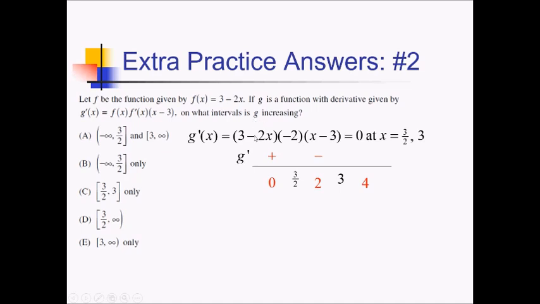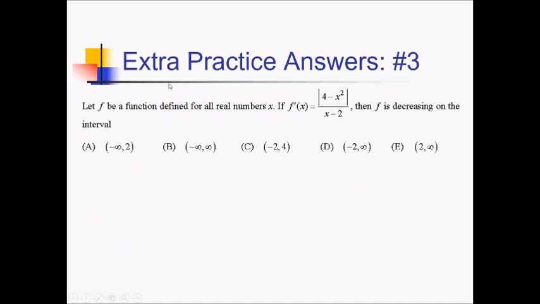Well, now I've got a negative and a positive, and 2 negatives is a positive. If I want to know where g is increasing, then I need to know where g prime is positive. So that's on this first interval from -infinity to 3 halves, and this other interval from 3 to positive infinity. And that looks like it's going to be choice A.